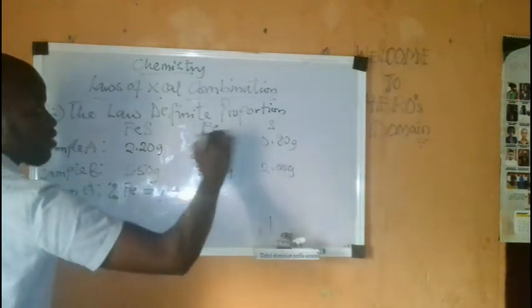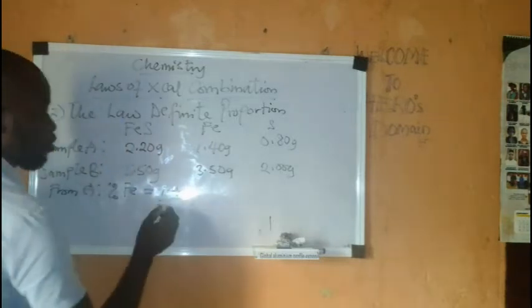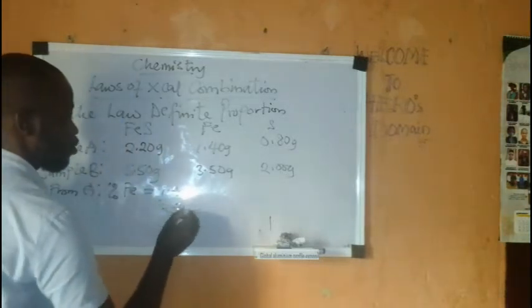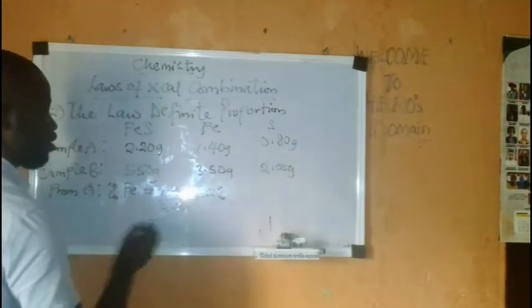Remember, iron and sulfur combine to form this, so this is 2.20. That's 1.4 all over 2.20 times 100.